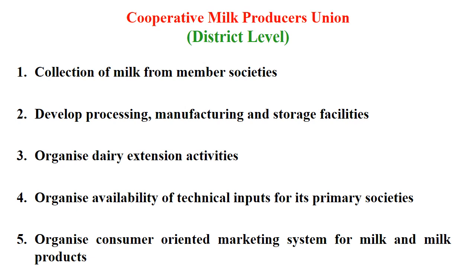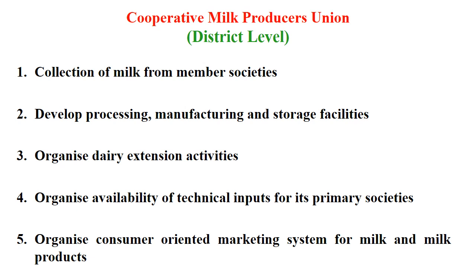Now we will see how the district level milk producers union operates. Firstly, the collection of milk from member societies. The district level union collects the milk from the member societies at the village level, and develops processing, manufacturing and storage facilities, that is the milk handling capacity and processing. Third is to organize dairy extension activities, that is supporting the farmer with their production or any problems.